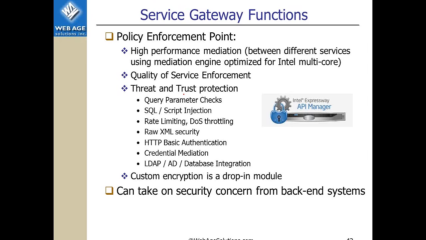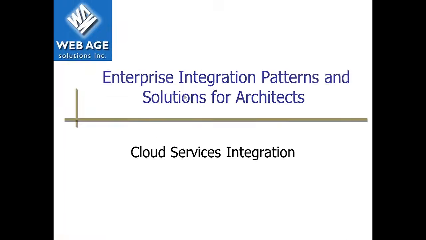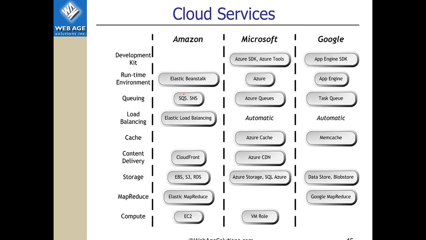So you are pretty much passing on the security concerns from backend systems to that appliance. It achieves high performance by embedding many of those things internally into the system. So Intel Expressway provides efficient, cost-effective enforcement of quality of services that are needed.